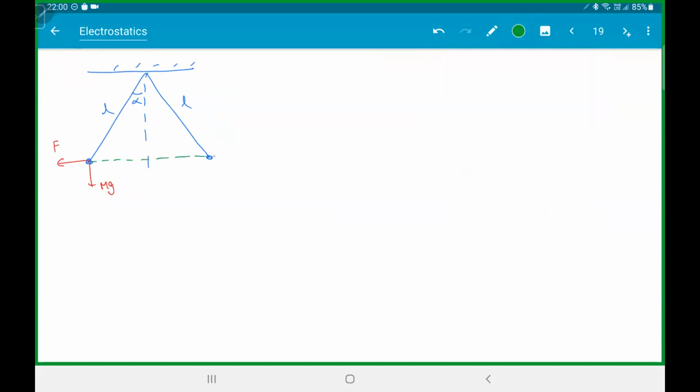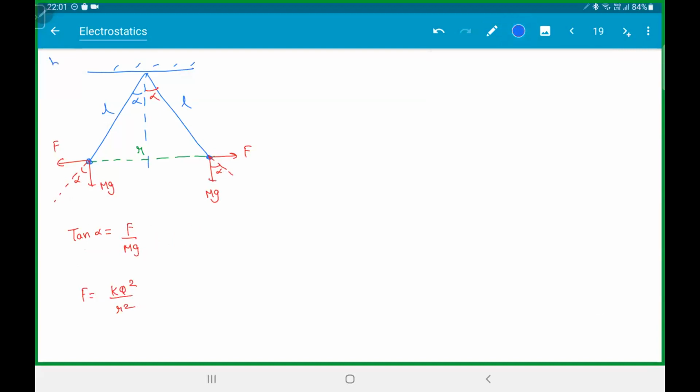If you take this distance as r, where r is simply L sine alpha plus L sine beta. In this case, the angles alpha and beta will be the same, since the forces are identical. So tan alpha is F by mg, opposite side by adjacent side. This is also alpha. So both are actually equal in the first place. And what is F here? F is K Q square by R square.